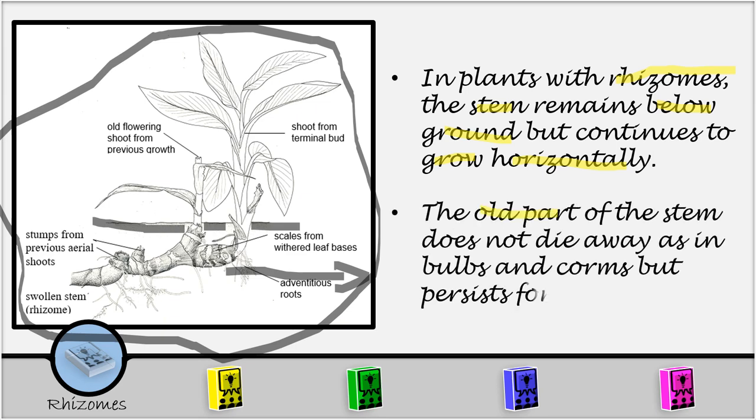The old part of the stem does not die away, as in the bulbs and corms, but it persists for several years. So when you look here, you have the old stem here. And when we get a new rhizome, the old stem does not die away, but it continues to persist for several years.